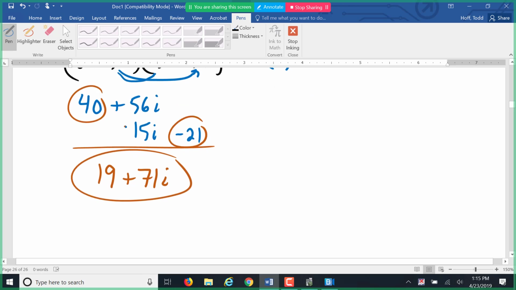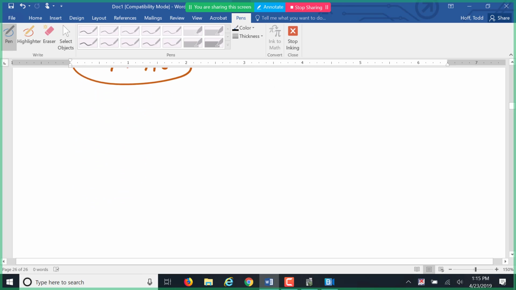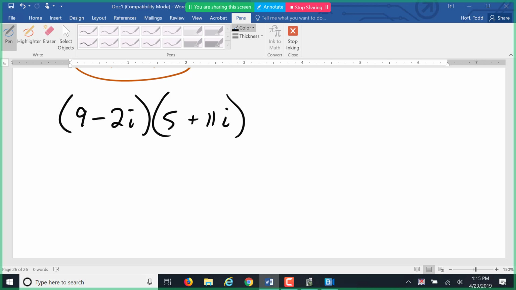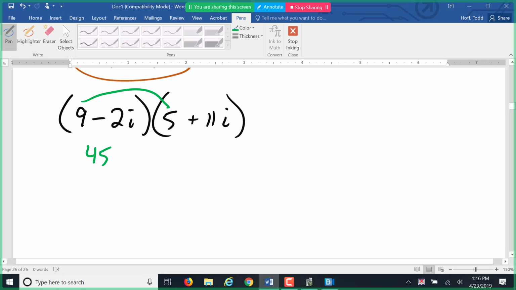It can be a little trickier if there's negatives involved. 9 minus 2i times 5 plus 11i. Tell me what to do. 9 times 5 is 45. Good. And then? 9 times 11i is 99i. And then?